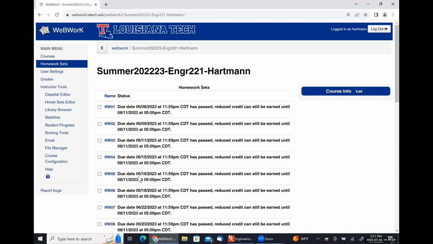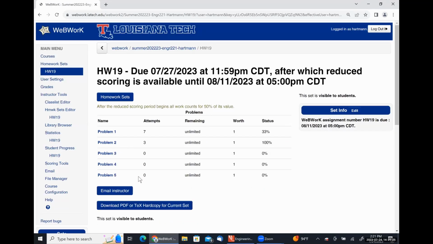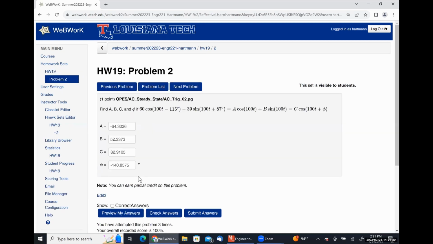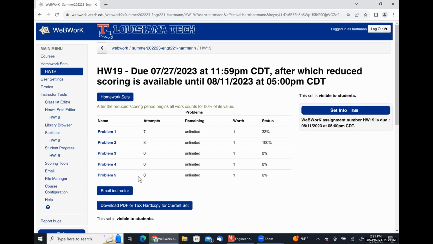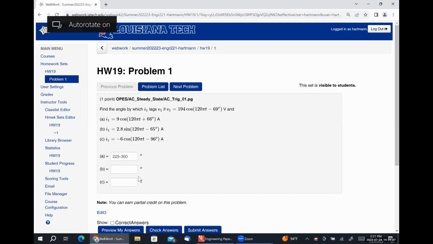I believe homework set 19, problem 2 involves leading and lagging. It does not, so it must be problem 1. Okay, yes. So we are asked to find the angle by which I1 lags V1 if V1 is given in this specific figure. Let's look at part C in particular.